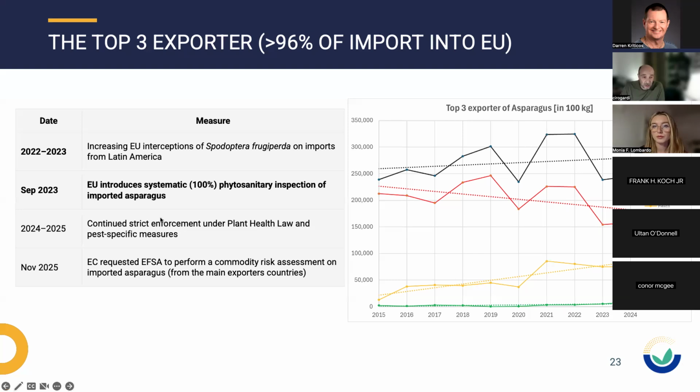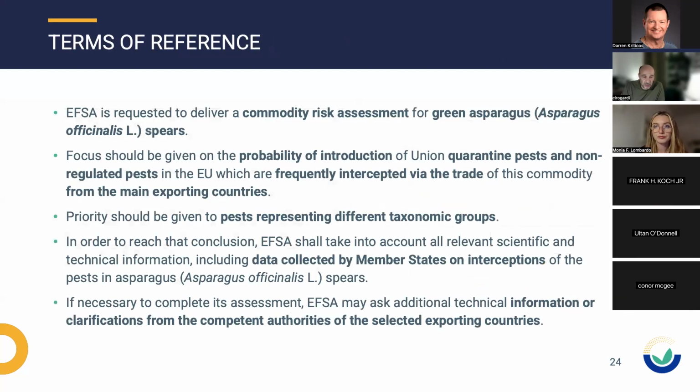Based on this, the European Commission requested recently, in November last year, that EFSA conduct the commodity risk assessment. So we have started this process, and these are the indications given by the European Commission. We should do the commodity risk assessment for green asparagus, focusing especially on quarantine pests, but also some non-quarantine pests, focusing on the pests that are most intercepted so far.